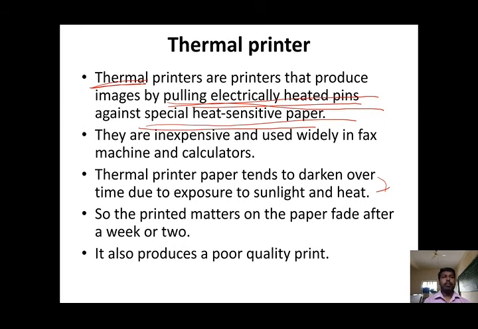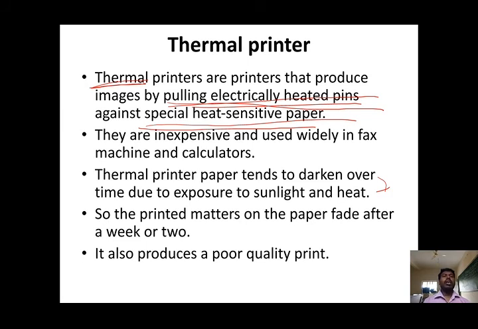Thermal printers produce images by pulling electrically heated pins against special heat sensitive paper. They are inexpensive and used widely in fax machines and calculators. Thermal printer papers tend to darken over time due to exposure to sunlight and heat, so the printed matter on the paper fades after 1 or 2 weeks.